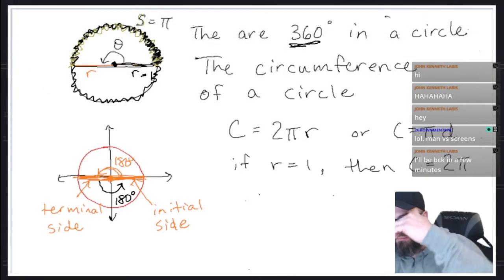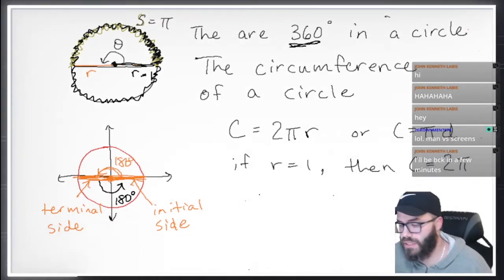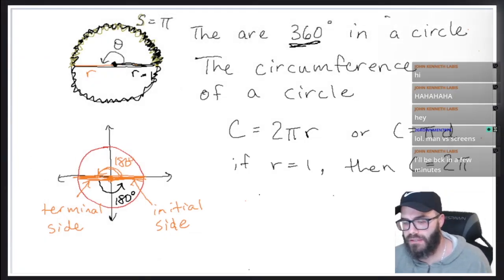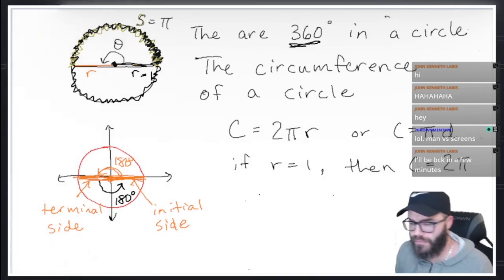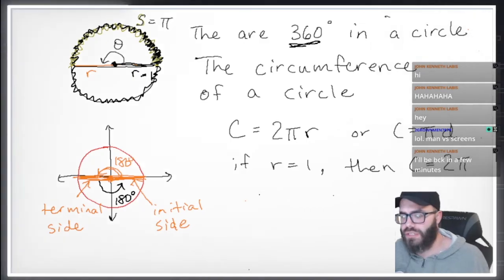Well, we want to eventually have some sort of relationship between degree measurements and radian measurements, and we just arrived at that relationship. So a full circle has 360 degrees.